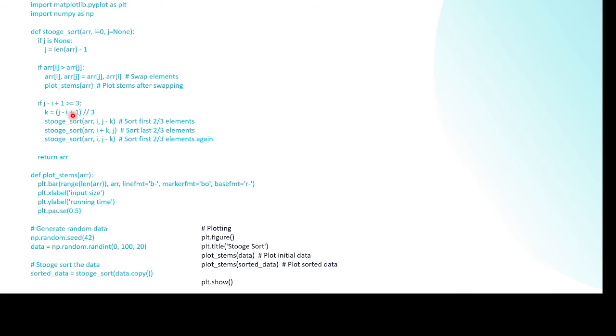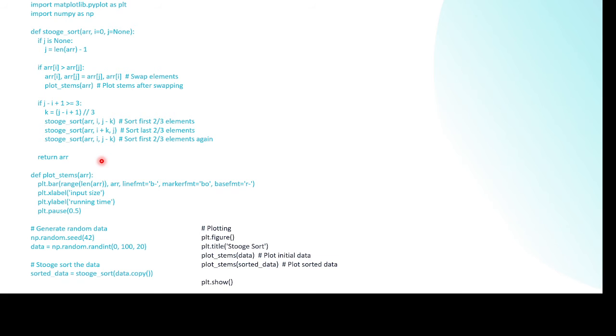J minus i plus 1 divided by 3 gives the two-third part of the array, which we pass to the recursive algorithm by calling the function. It means we create the left side two-third part, sort the first two-third part of the elements, then sort the last two-third part of the elements, and then sort the first two-third again. Then we return the array.